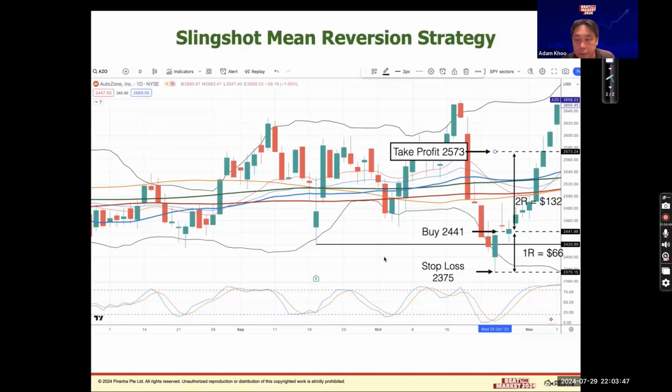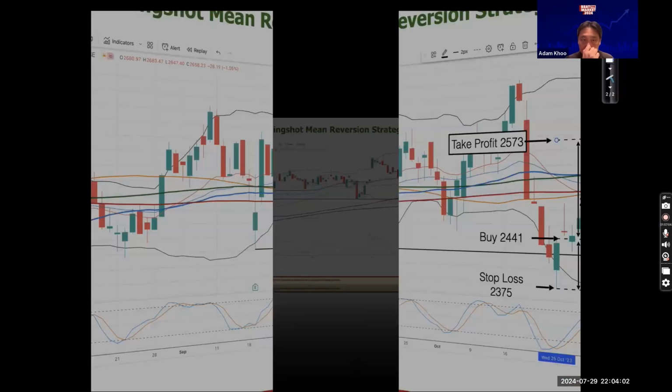Do I wait for the confirmation, then the next day you place the order, Joshua? Yes, I wait for the confirmation candle to close and then I enter the next day. I don't enter on the day where the confirmation candle has not yet closed.